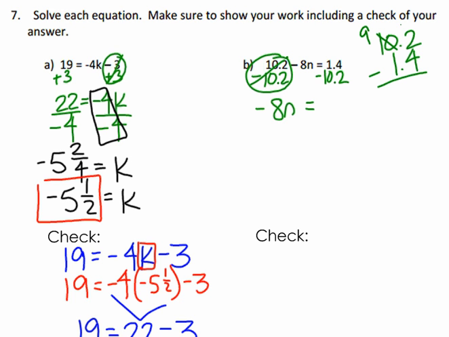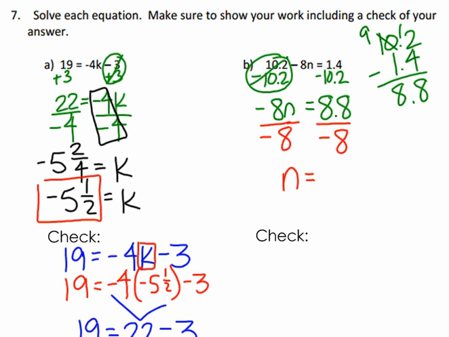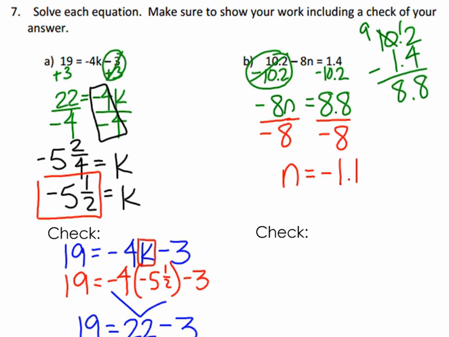Okay, we'll borrow from 10 to get 8 and 8/10. Next, we will divide by negative 8 on each side. So we get 1n equals negative 1 and 1/10, since a positive divided by a negative is a negative.